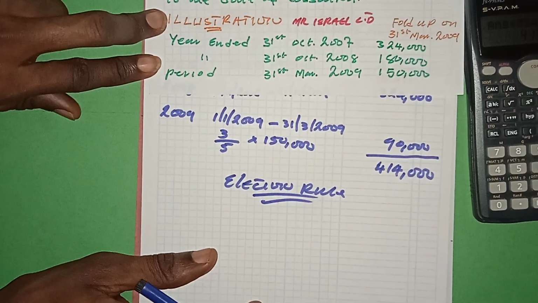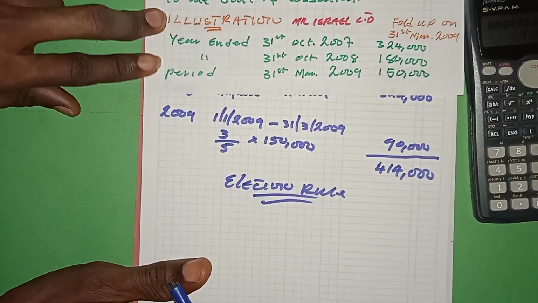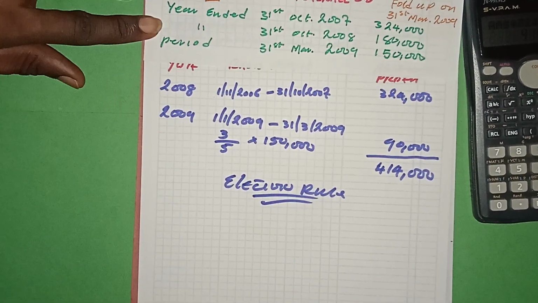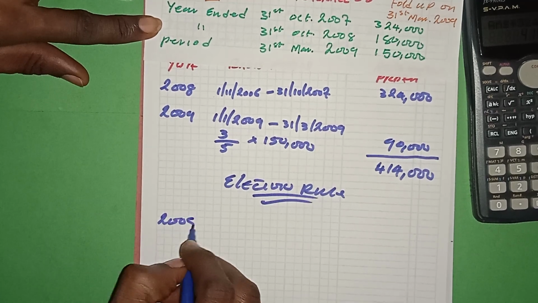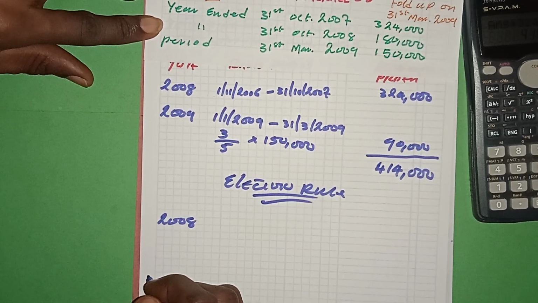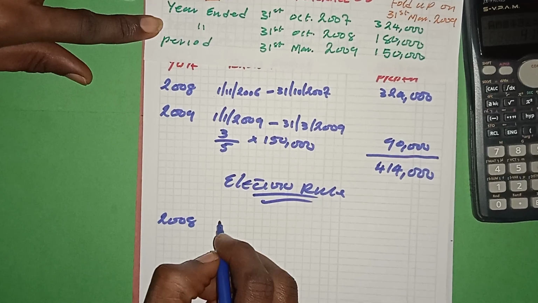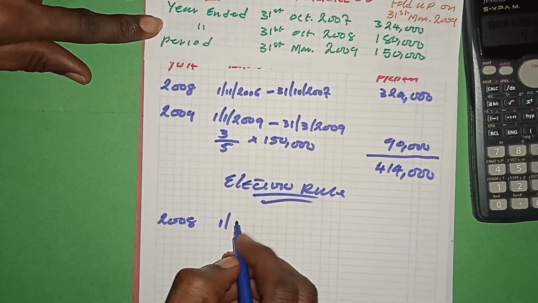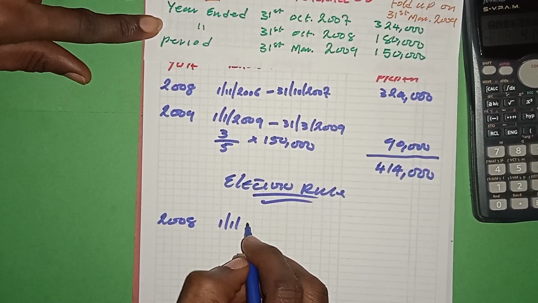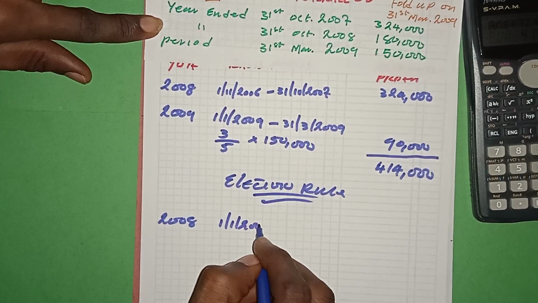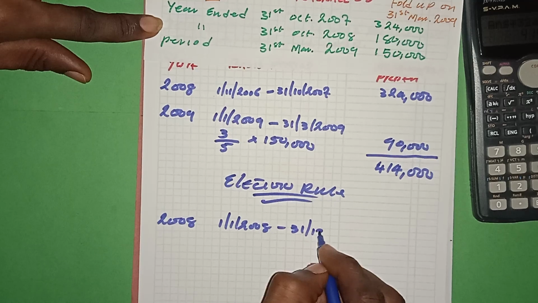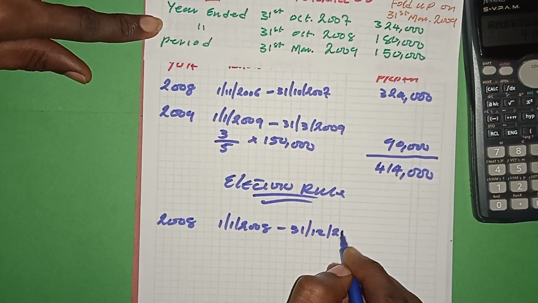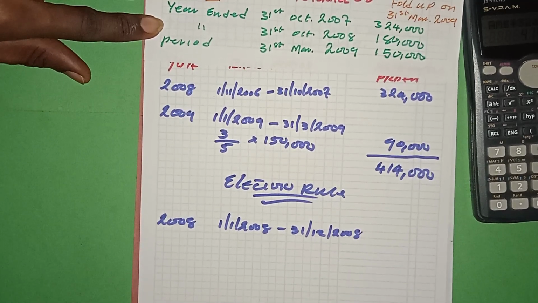Right of election is what? On actual year basis. Now, right of election will go from 1st January 28 to 31st December 28.